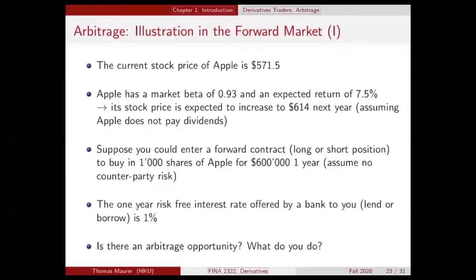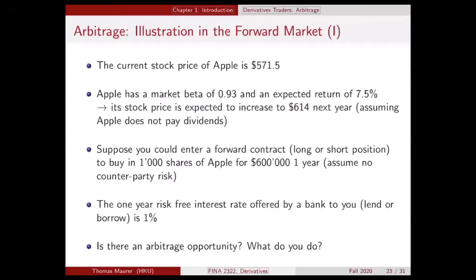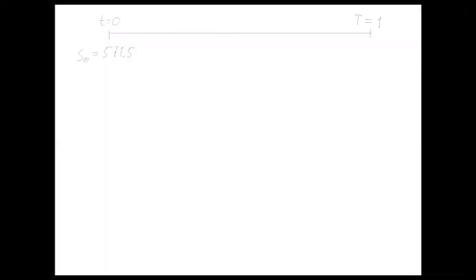Now, in our question, we know that the current price of Apple is $571.50. So we can write that down over here as S0 is $571.50. Okay. Then the second thing we know is that there is a risk-free rate to borrow or lend money at 1%. Okay. The risk-free rate is 1%.